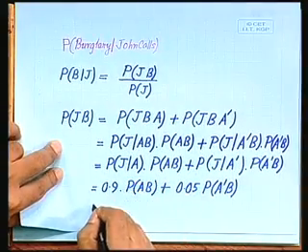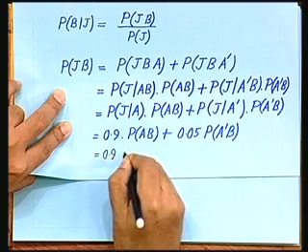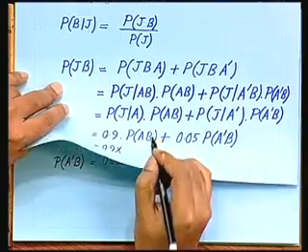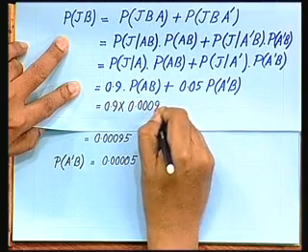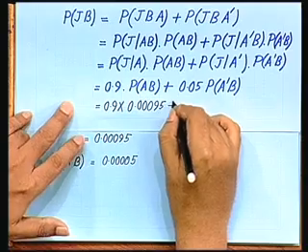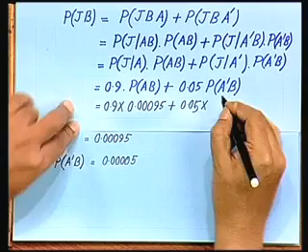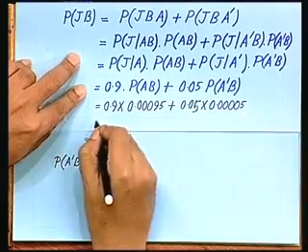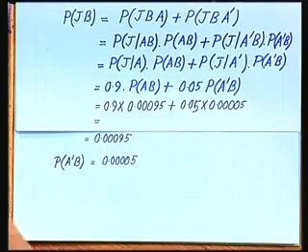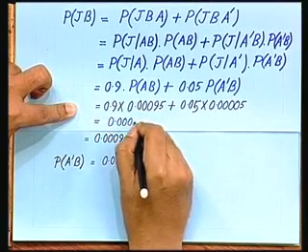So, we can write this as 0.9 times P(A,B), which was 0.00095, plus 0.05 times 0.00005, and this comes to 0.00086.